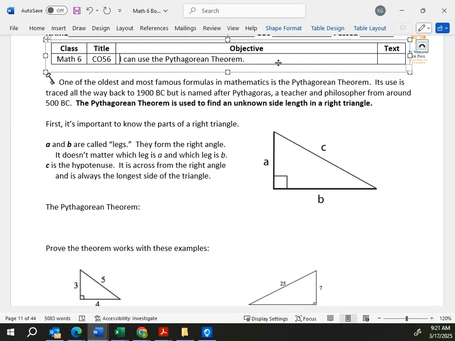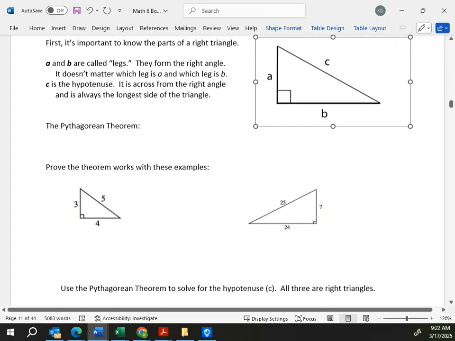First, it's important to know the parts of the right triangle. So we need to know the parts of that right triangle. There are words that we use.